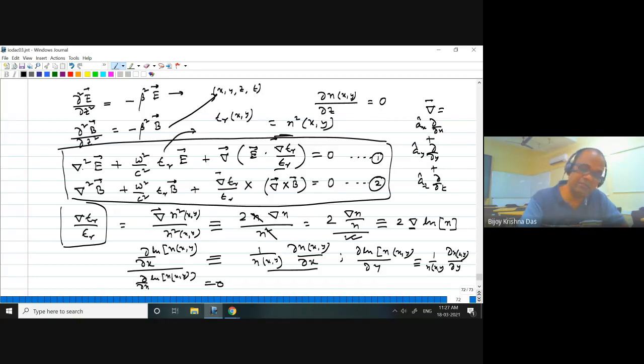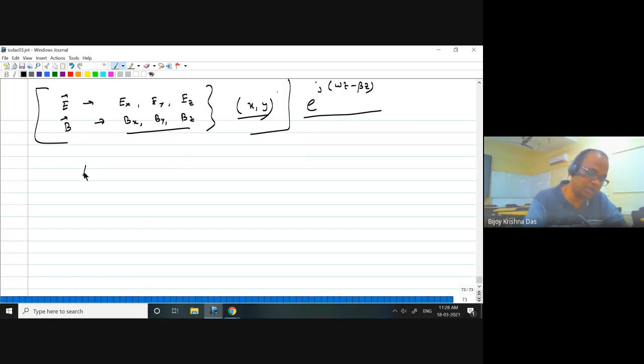If I express it in the Cartesian coordinate system, and remember that E has 3 components, Ex, Ey, Ez, I can decompose equation 1, a vector equation, into 3 scalar equations: x component, y component, z component. Now the left hand side is something like that. You have a vector.